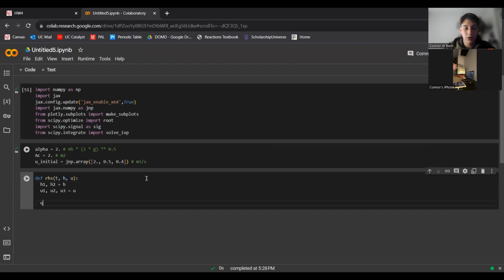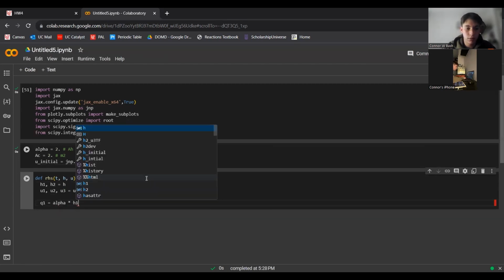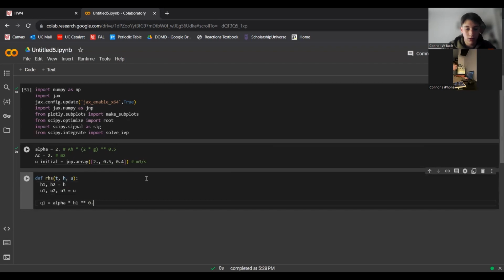And then we need to calculate q1 and q2. So q1 is equal to alpha multiplied by the square root of our h1, just being consistent with q1 because that represents the values for tank 1. And then q2 is similar. The only difference is that we're looking at h2.